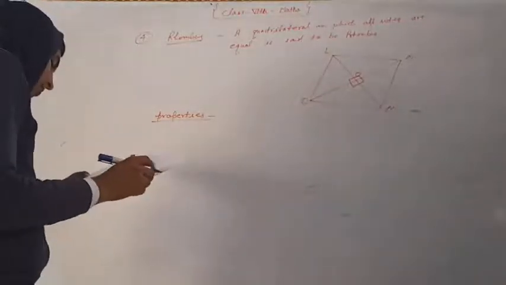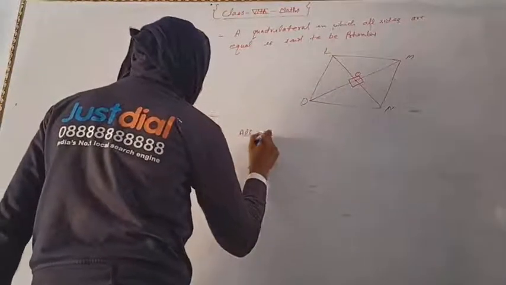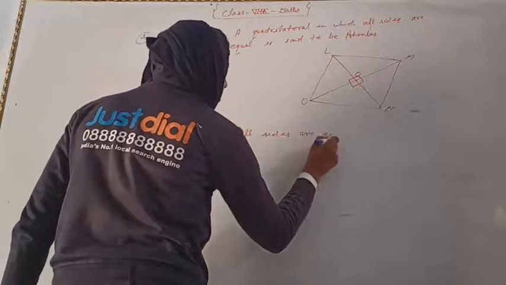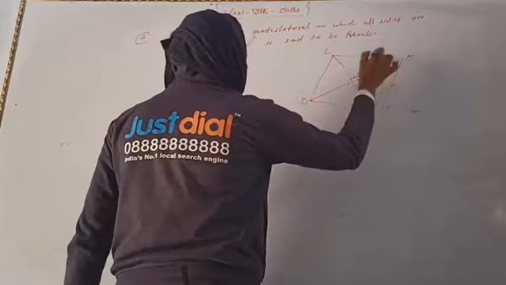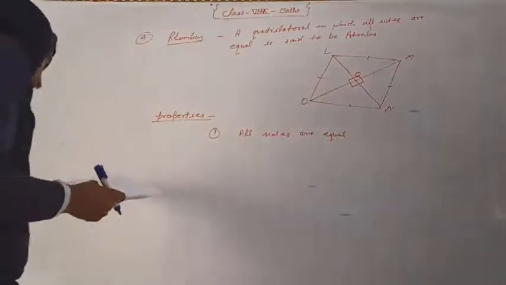Properties of rhombus. First property, all sides are equal. All sides are equal in length. This is equal to this, is equal to this, is equal to this. Okay, all sides are equal.